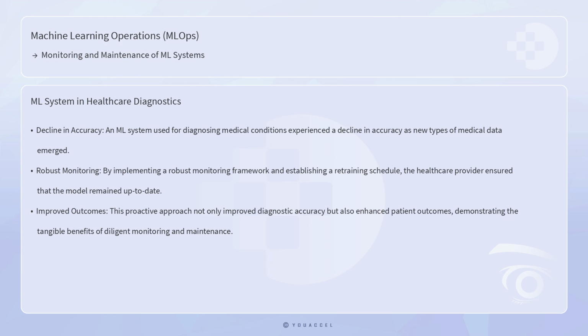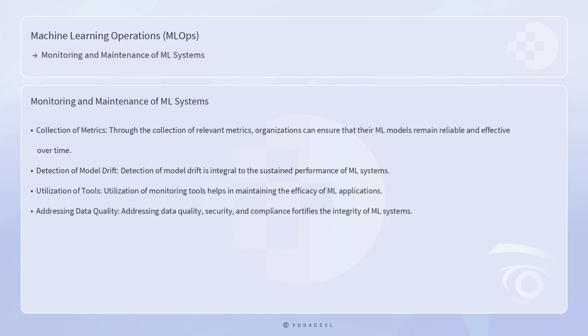The monitoring and maintenance of ML systems are integral to their successful deployment and sustained performance. Through the collection of relevant metrics, detection of model drift, utilization of monitoring tools, and implementation of robust maintenance practices, organizations can ensure that their ML models remain reliable and effective over time.